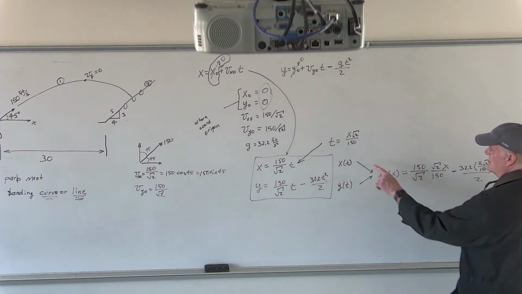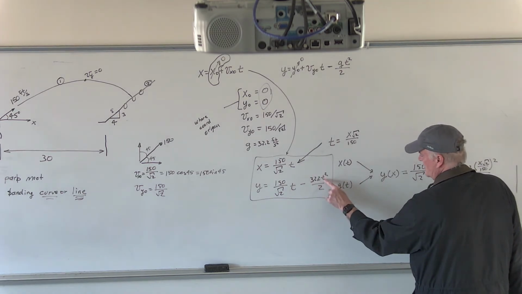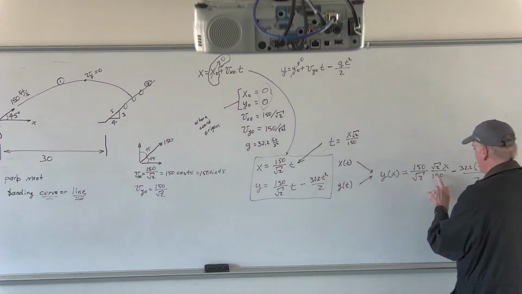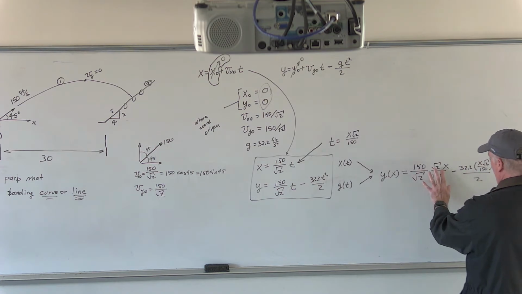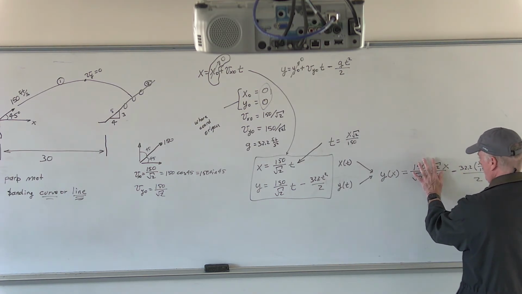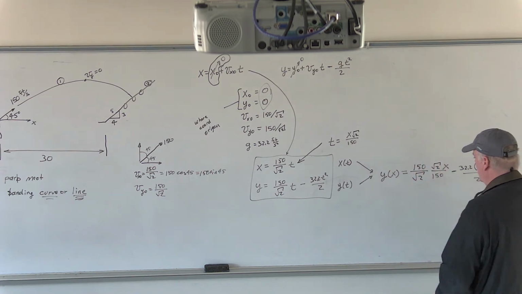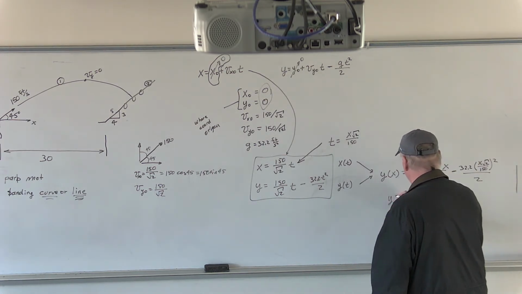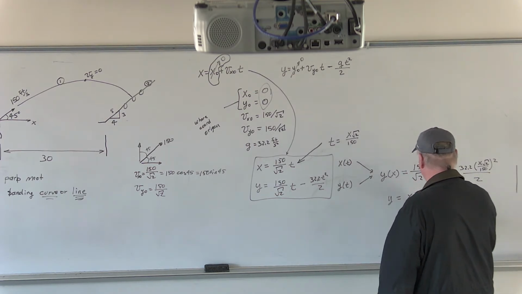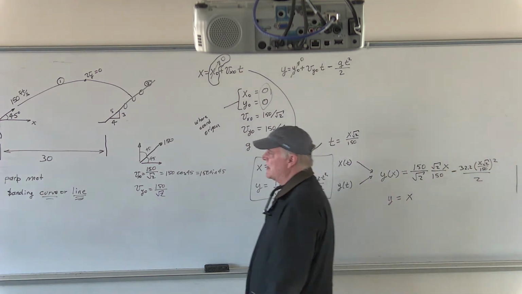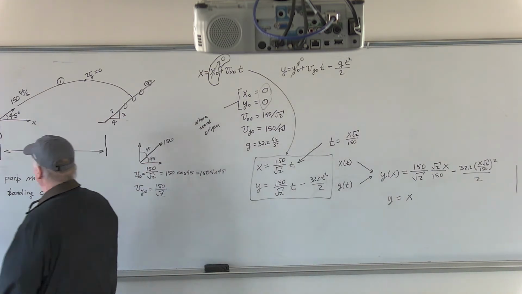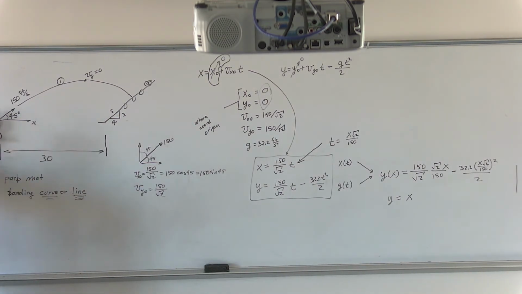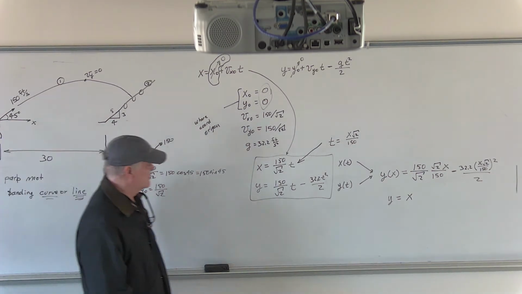So all I've done is taken the t from this equation, stuck it in here, and then stuck it in there. Now, ordinarily, since it's 45 degrees, the 150 becomes x. So what I guess I'm saying is, if you look at the slope of this line at the instant it's released, the slope is just 1. Okay, so here's what I'm saying.